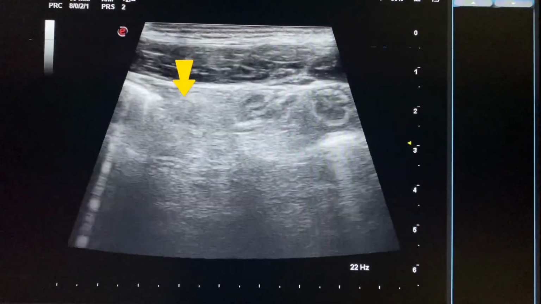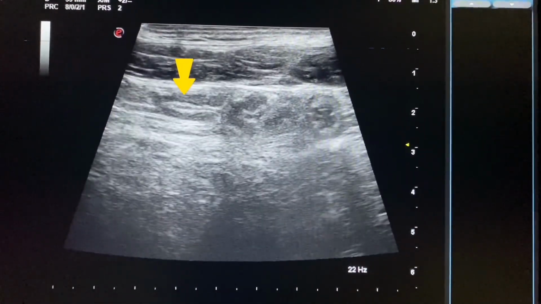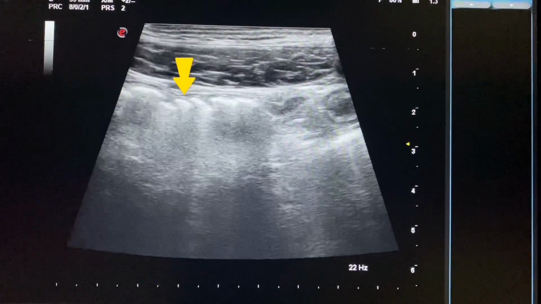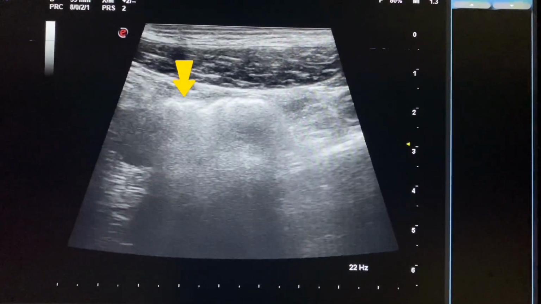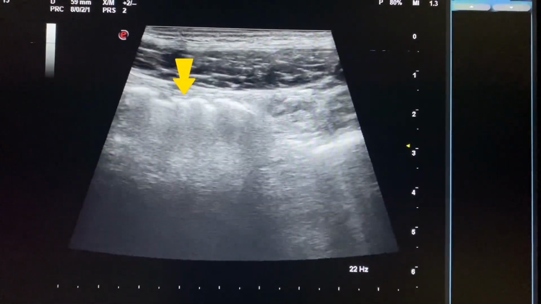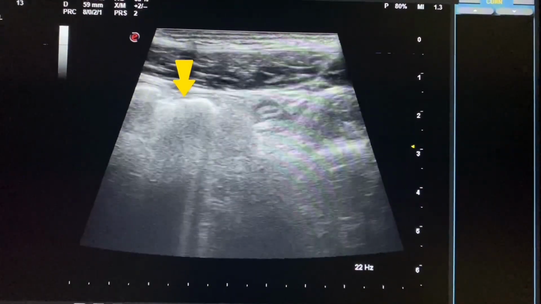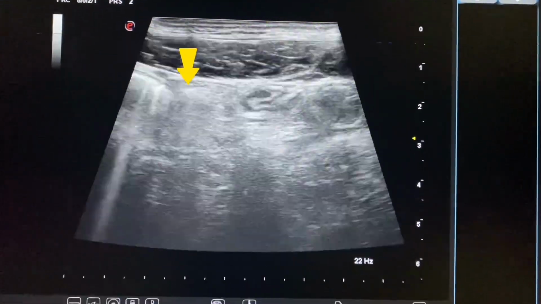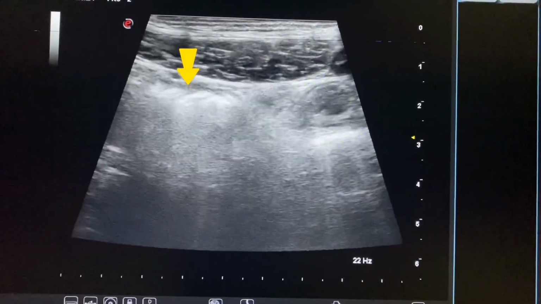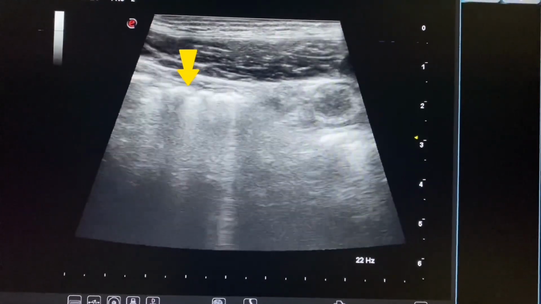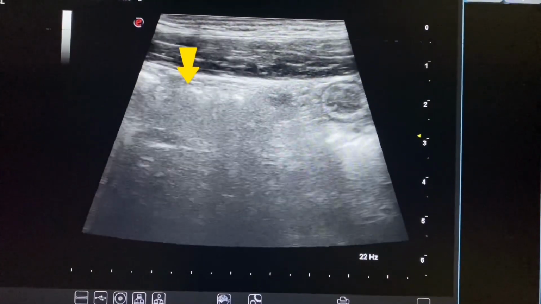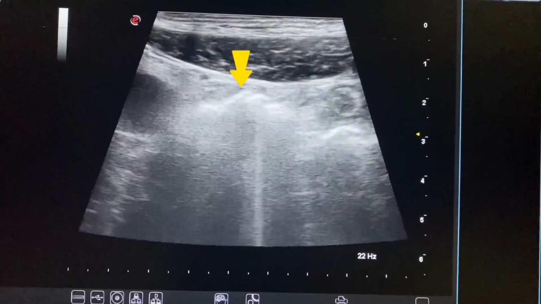Now we slowly slide the probe to the right iliac region to locate the ileocecal junction. This part of the distal ileum is normal and the walls of the distal ileum are not visualized, only gases are seen.